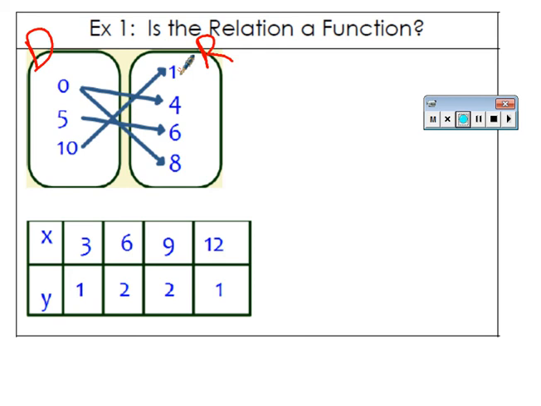In order to determine whether a relation is a function or not, we need to check to see if every x value, every domain value, has only one y value. In our example here, 0 happens to be paired up with both 8 and 4, which will not make a function.